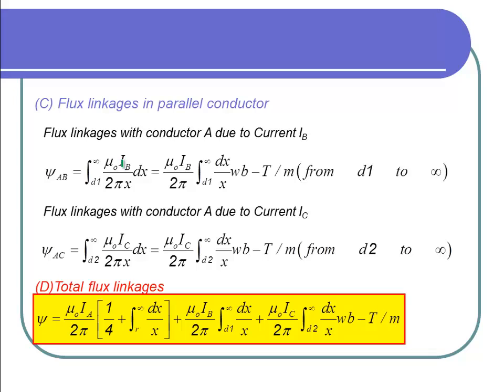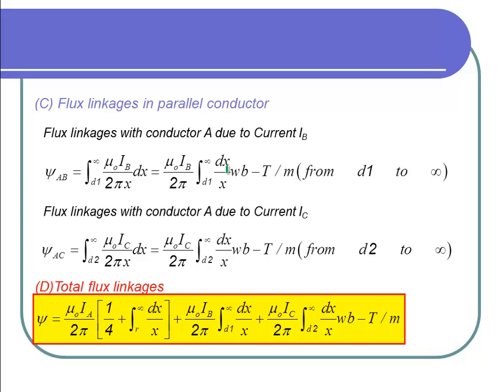The flux is because of current IB, that's why we are marking IB here. Again, mu naught IB by 2 pi is a constant value. If you simplify, we get mu naught IB by 2 pi integral of D1 to infinity dx by x.